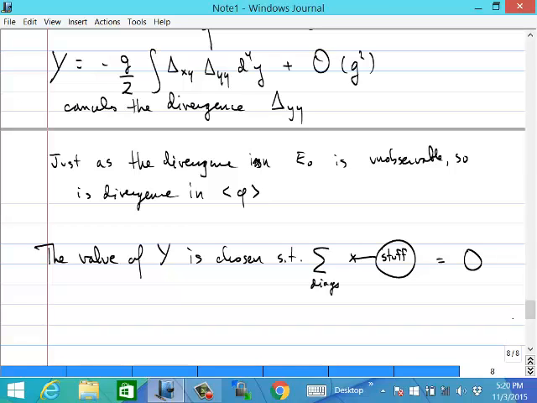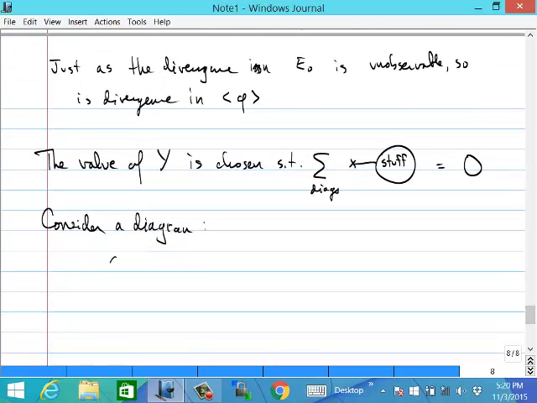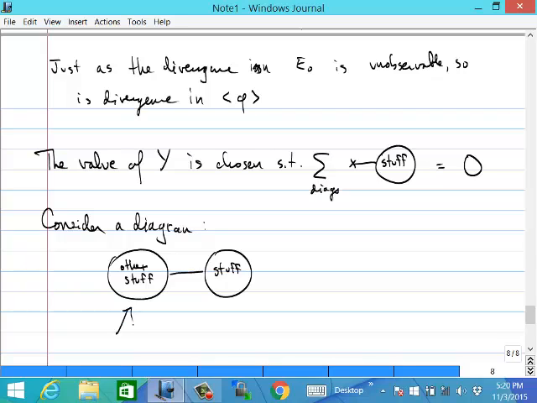In particular, I want you to consider a diagram of the following form. So consider a diagram where you have a bunch of stuff connected to a bunch of other stuff. On the one hand, here we have some other stuff that has external vertices. And here you have no external vertices.